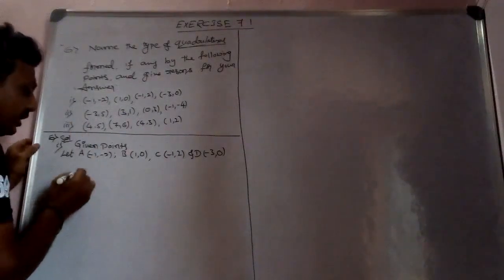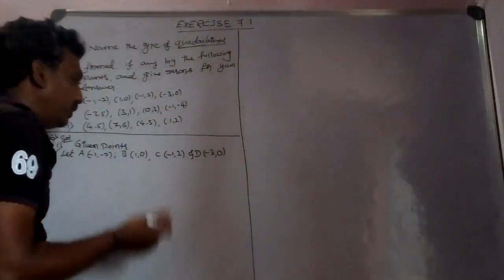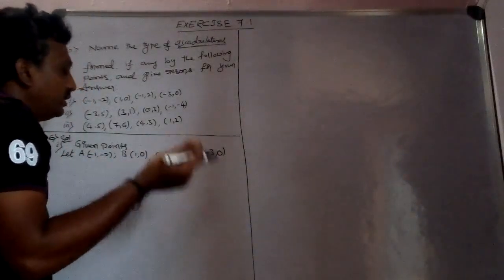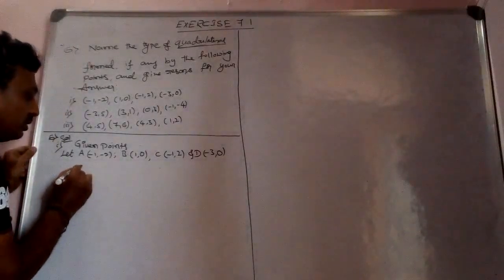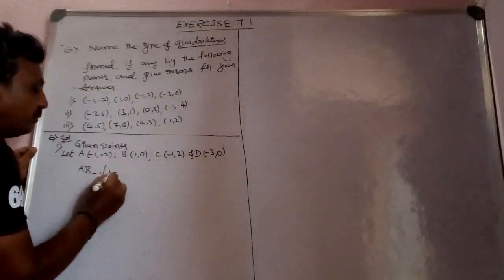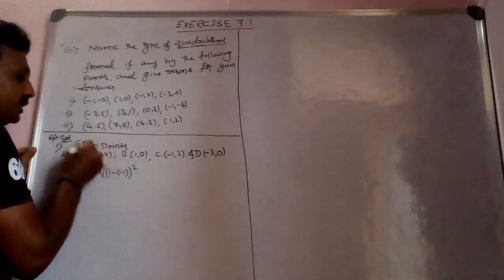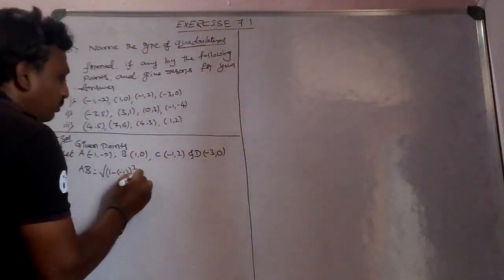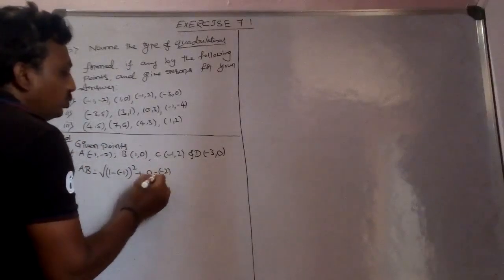So how to identify? Same as the previous problem, we find the distances AB, BC, CD, DA. First, AB distance equals square root of (1 minus (-1)) whole square plus (0 minus (-2)) whole square, that is (x2 minus x1) whole square plus (y2 minus y1) whole square.